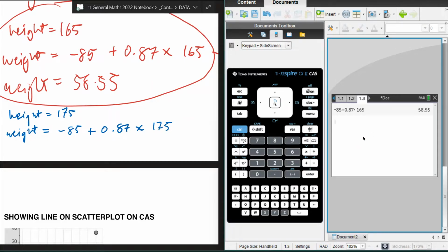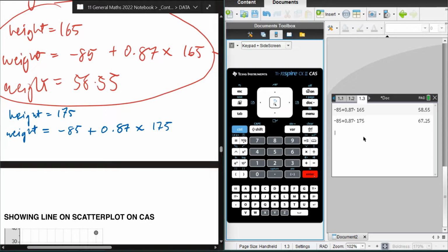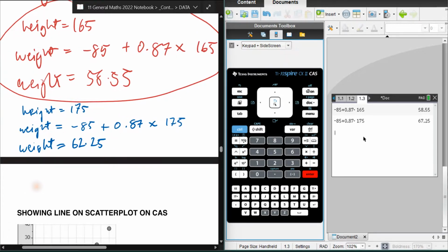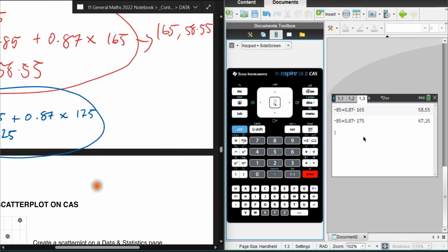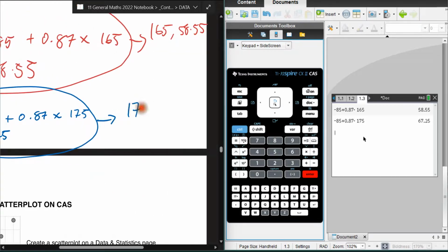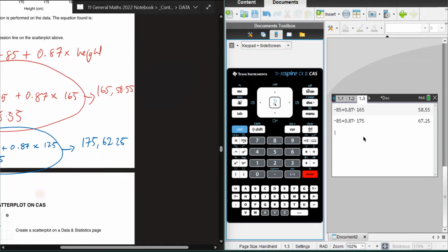Do that in a calculator: negative 85 plus 0.87 times 175. So 62.25. That means the other coordinate, these two together, is going to be 175, 62.25. And we can plot that on our graph now.